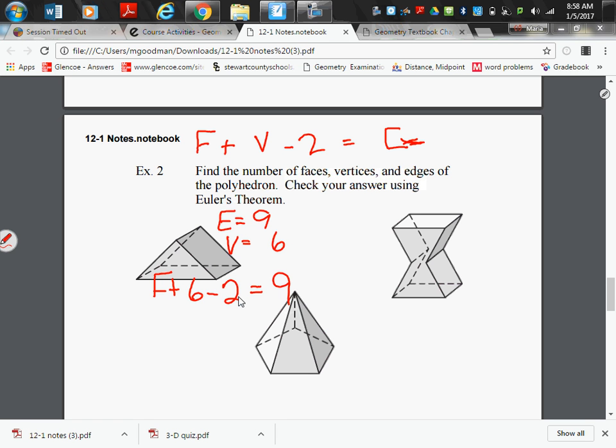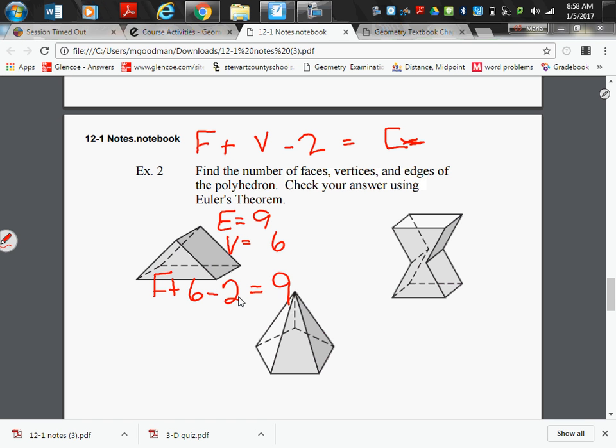Now, all I have is a 1-step problem at this point.